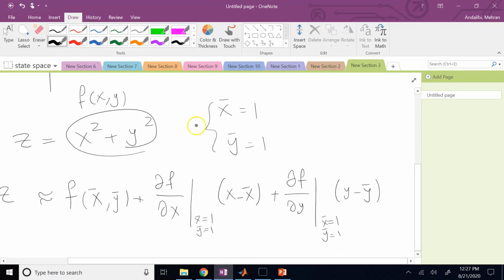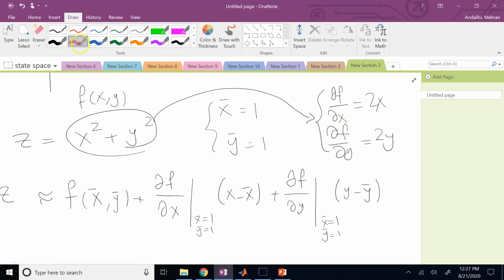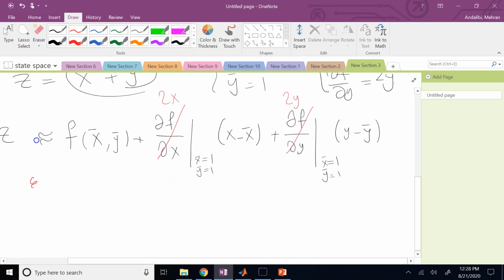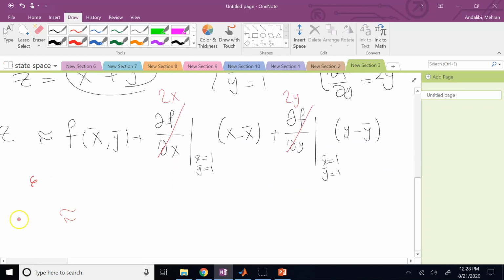Now here I will find my partial derivatives. Partial of f with respect to x is 2x. Partial of f with respect to y is 2y. So this one is just 2x, and this one is 2y. So if I do that, what do I get?